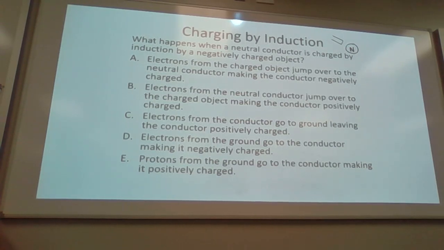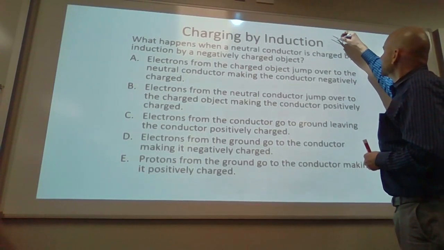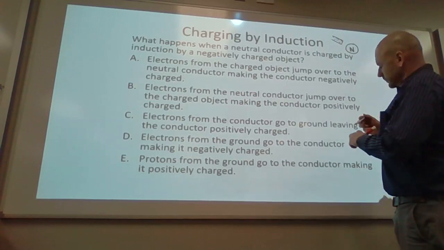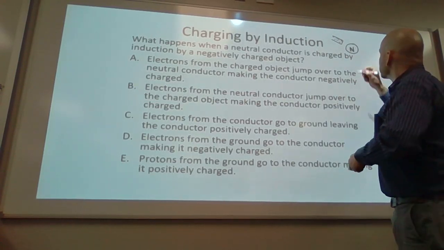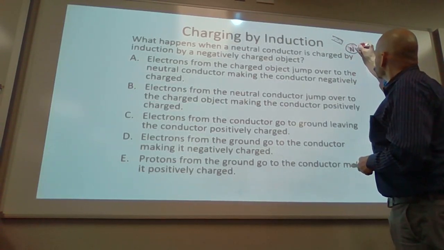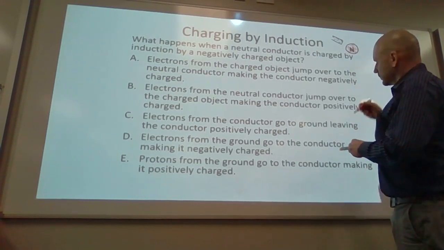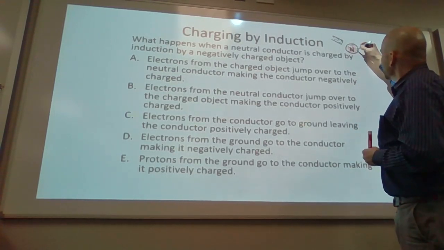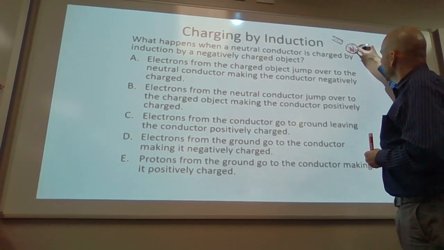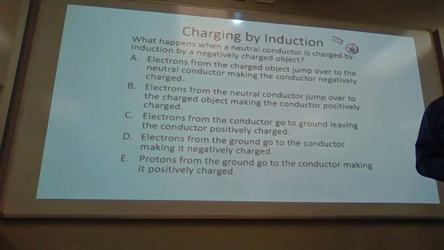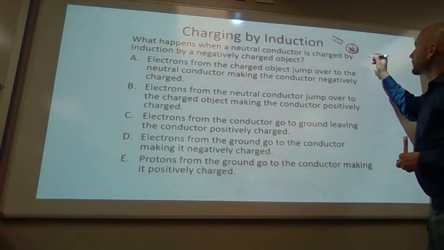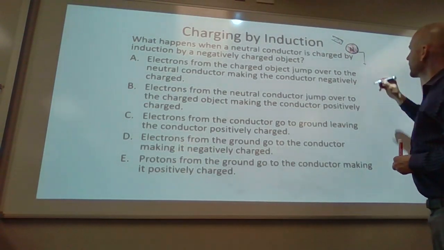Correct answer is? All right, so we have a negatively charged object. Electrons run to the far side, polarize. Then we connect this to ground.